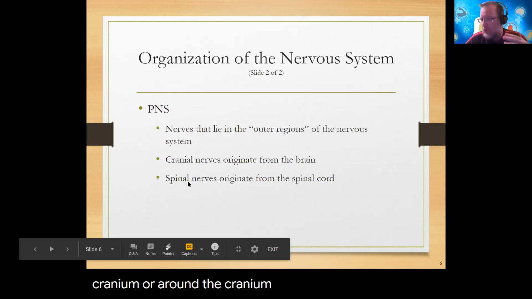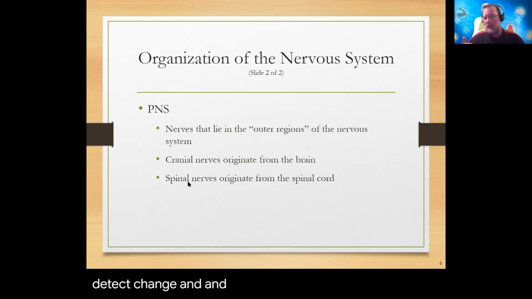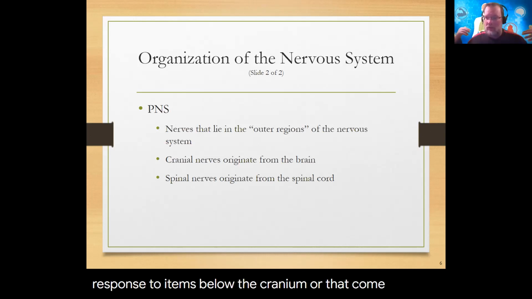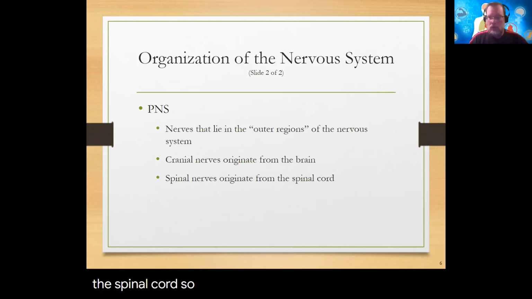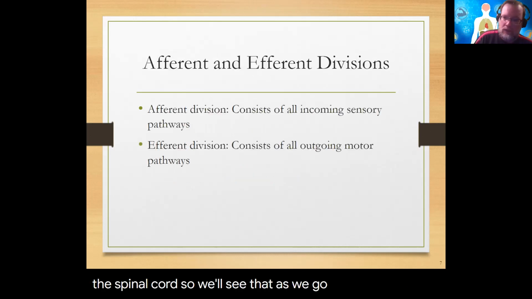Spinal nerves, then, are going to be primarily nerves that detect change and ultimately deliver some sort of response to items below the cranium or that come off of the spinal cord. So we'll see that as we go as well, primarily next week and a little bit the week after that.